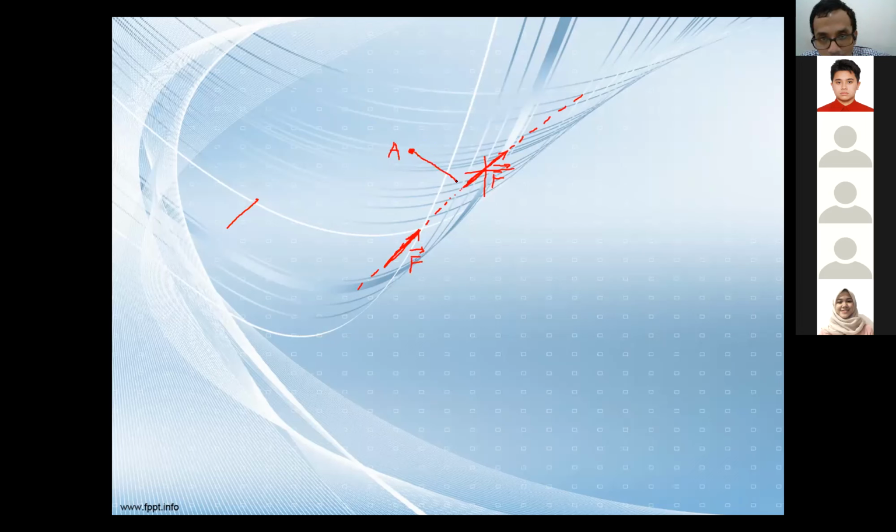So this is R1, and this is R2. If you try by yourself, you will find out that R1 cross F will give a result exactly the same as R2 cross F.